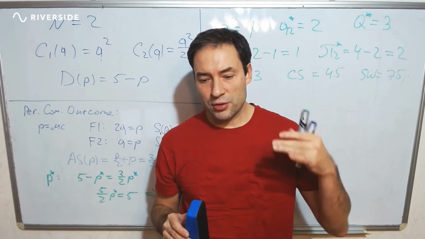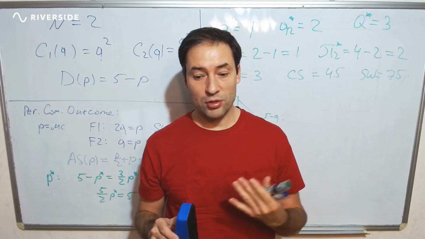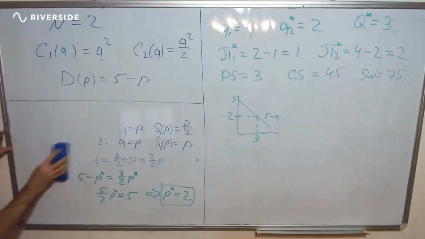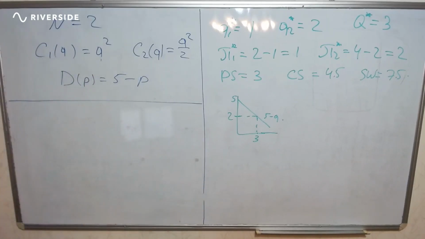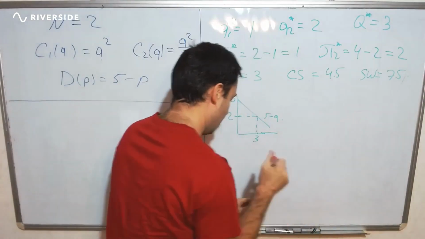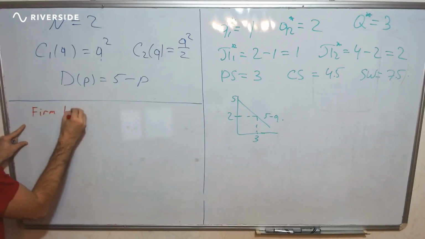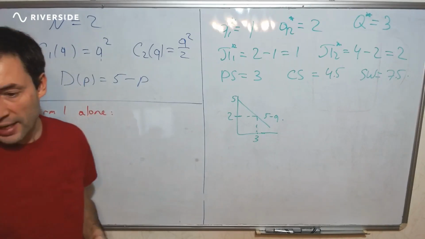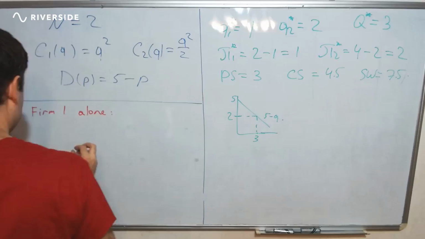Answering these questions will help us a lot when we start analyzing the Bertrand model, where firms compete by picking prices. So let's continue with firm 1 alone. First, let's solve for the price it actually wants to charge. That will obviously be the monopoly price.